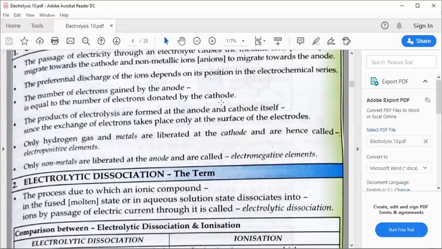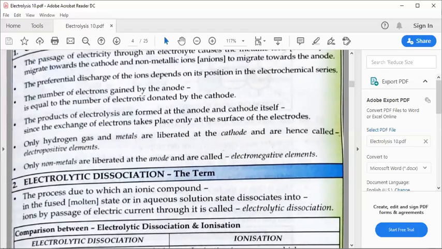The cathode is going to give away the electron, and sodium or silver is going to get deposited. Normally the number of electrons gained and donated are the same, therefore it remains in equilibrium.